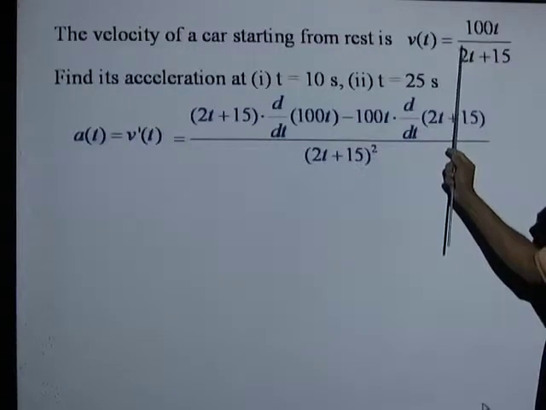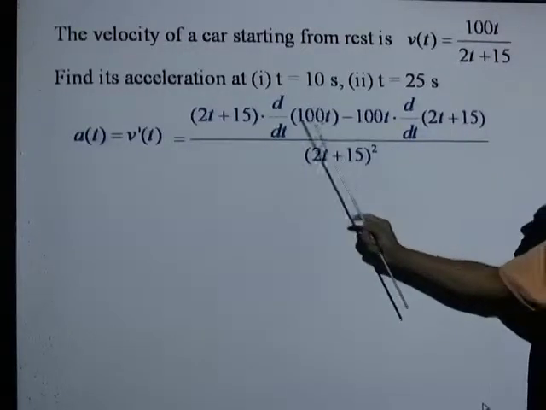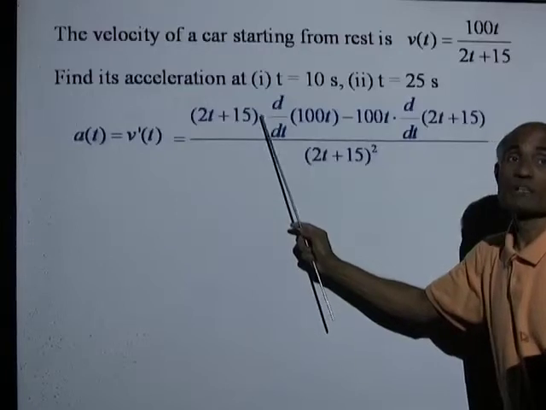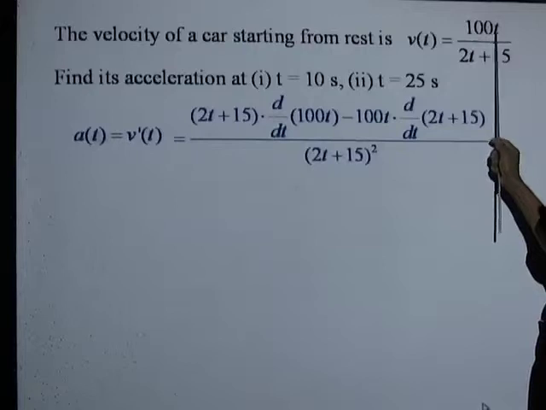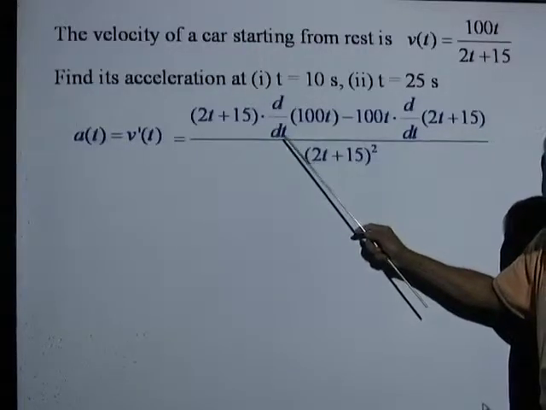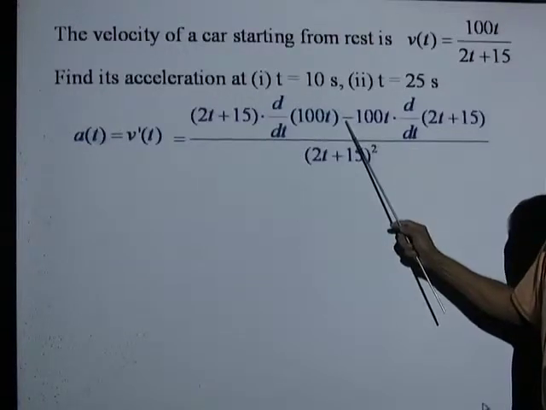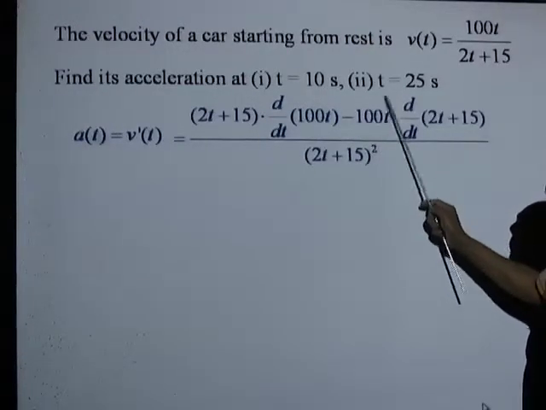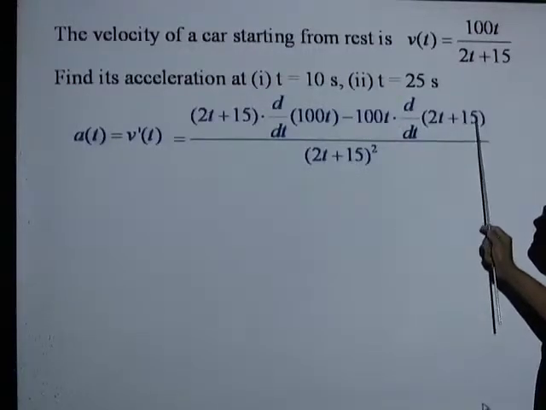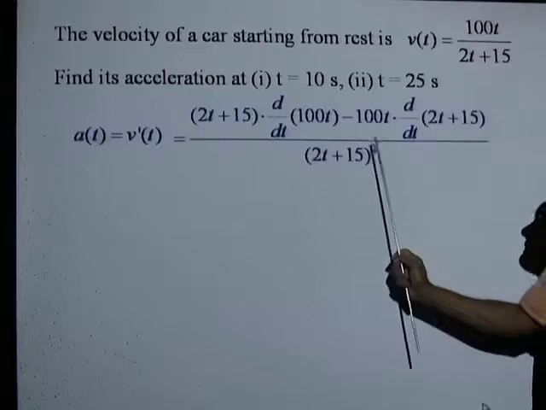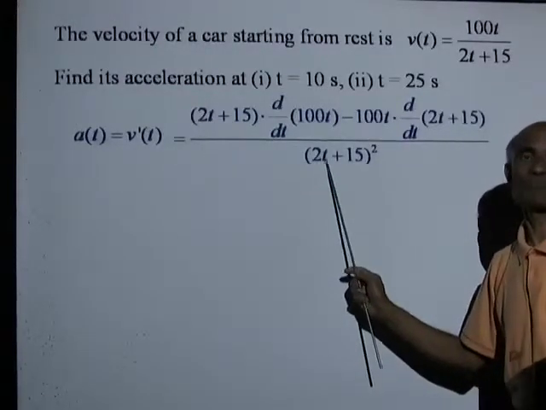How do you find the derivative? Remember the quotient rule: the denominator, that is 2t plus 15, times the derivative of the numerator, the derivative of 100t with respect to t (the independent variable here is t), minus the numerator 100t times the derivative of the denominator 2t plus 15, all over the square of the denominator.